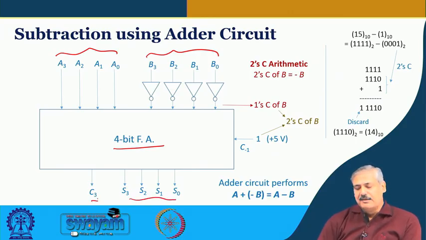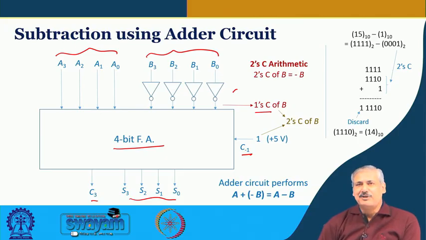So, the subtrahend, the one that we want to subtract, we pass it through a bank of NOT gate inverters. So, at this point we get 1's complement, and then we need to add 1. Now, you can see the C minus 1, we made it a full adder for the first stage, which could have been a half adder just for the addition purpose, unless it is cascaded or so.